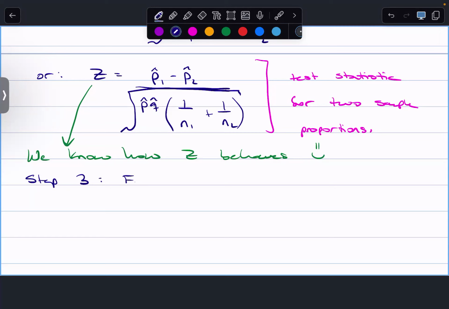Step 3 is find the p-value, which is going to be the area in one of the tails or two of the tails, depending on the alternative hypothesis, right? We have a not equal to in our alternative hypothesis in general here. And so then we would have to find the area in one tail and multiply it by 2.